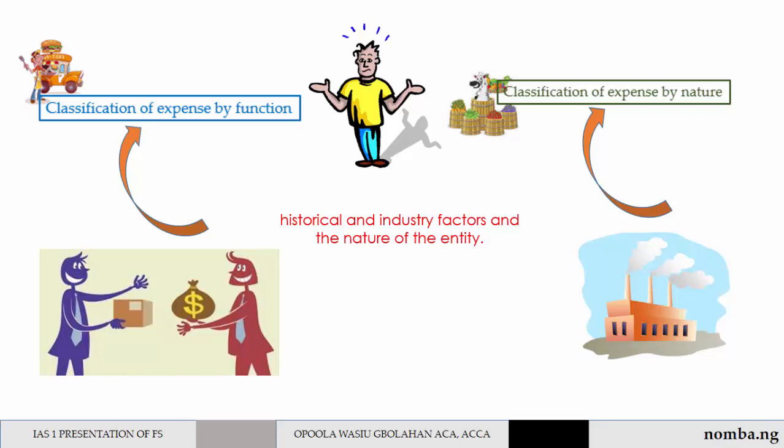The standard requires the management of an entity to select the presentation method that is reliable and more relevant. So they can select any of the methods, irrespective of their nature or the industry they belong to.